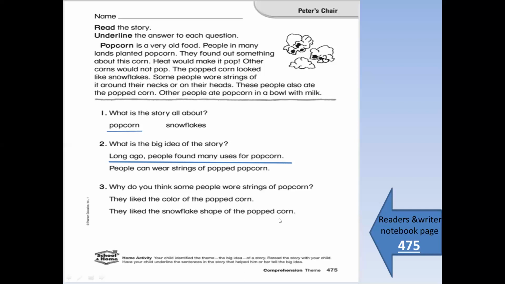Look here. The popcorn looked like what? Snowflakes. Number 1 or 2, who can tell me? Great. They liked the snowflake shape of the popcorn. Now take 1 minute please and write everything.